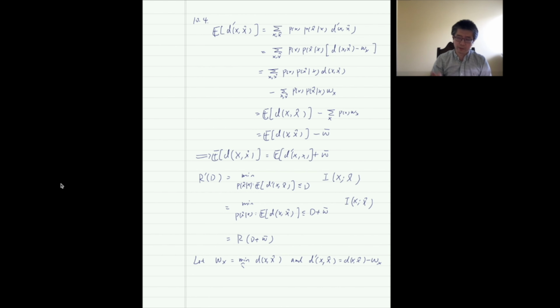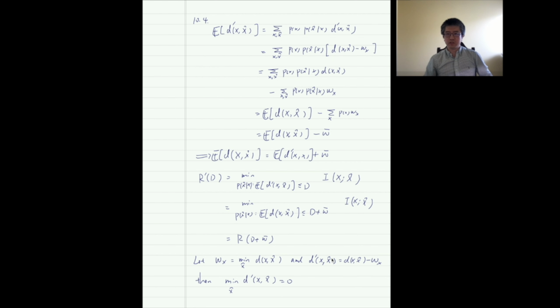In this case, we can double check that the minimum of d prime(x, x hat) over x hat equals 0, because if we minimize over x hat, the minimum is this, and this would equal 0.